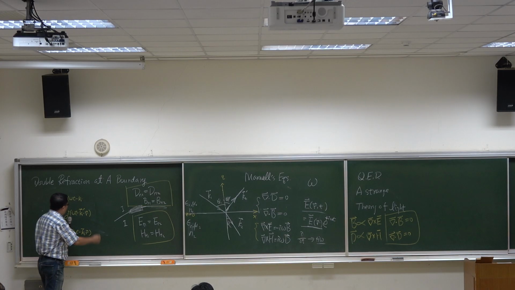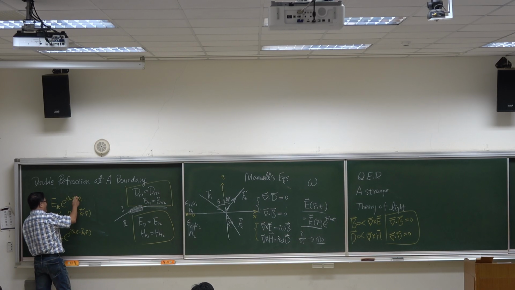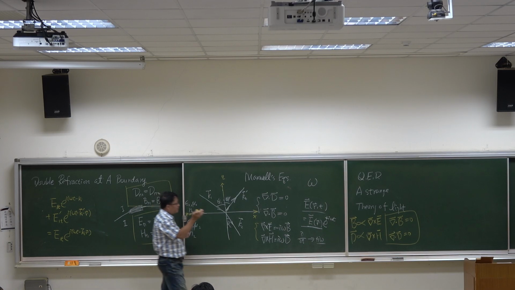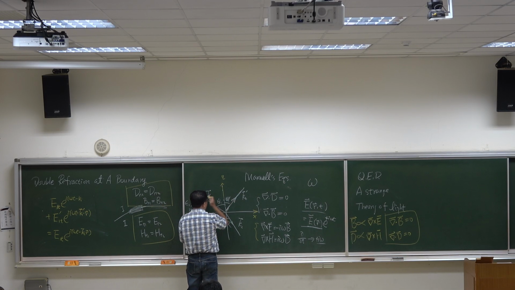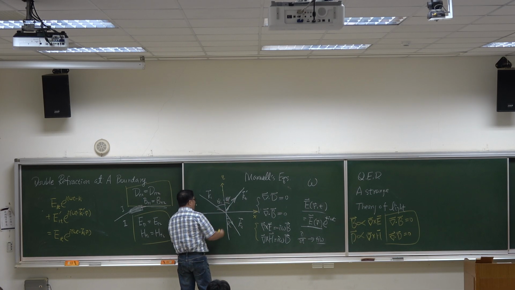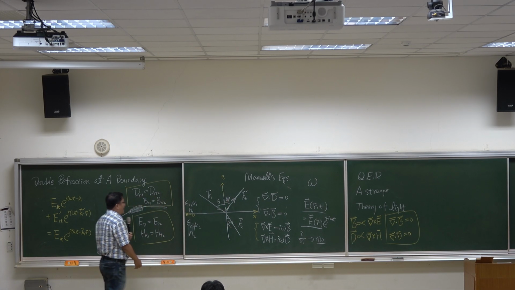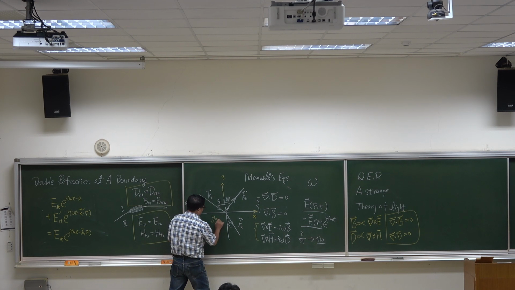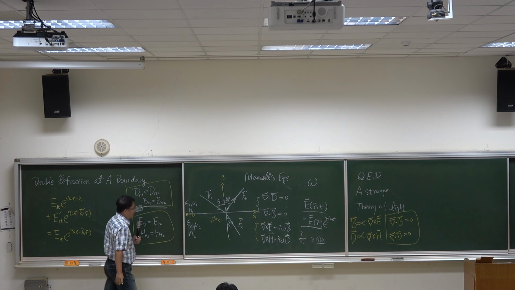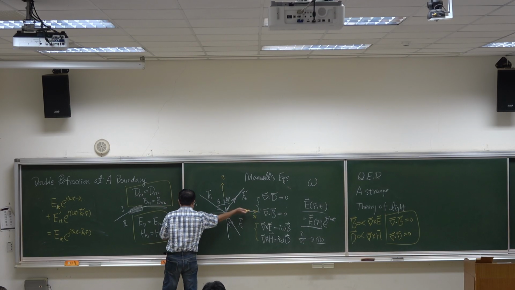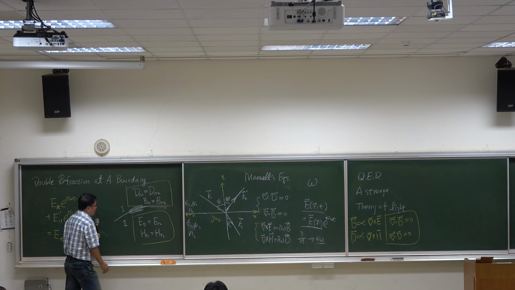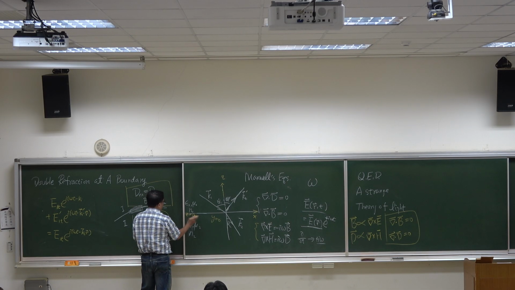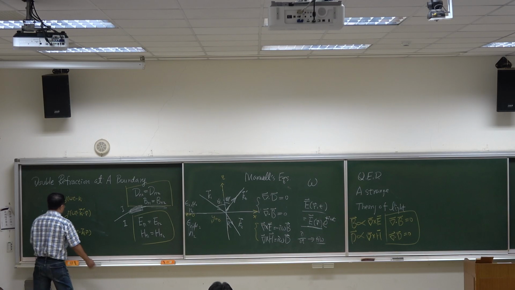Originally we have k1x, k1y, k1z, and in fact these three k's lie on the same plane, say y equal to 0. And along this line, we have z equal to 0. So ky and kz will not appear in the result.